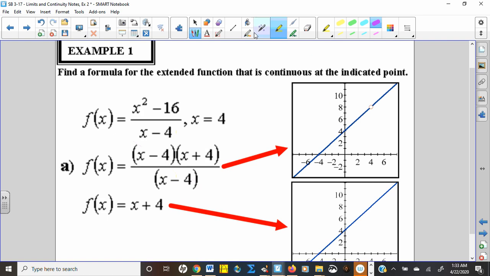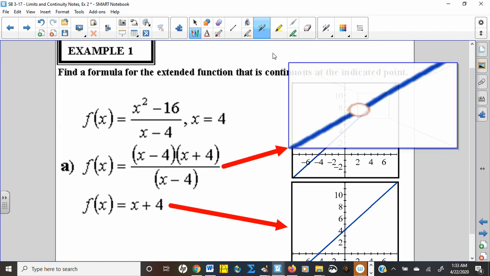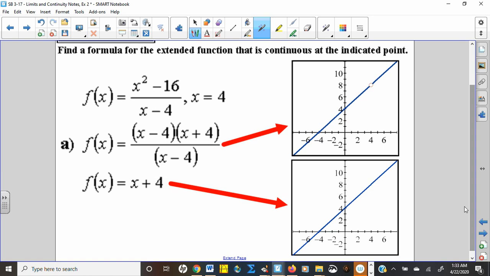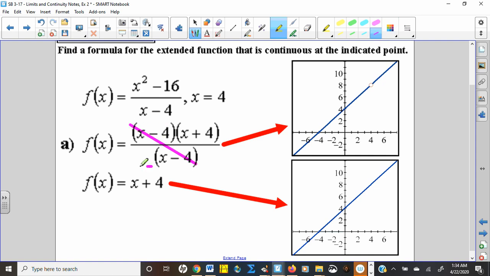You can see it for yourself, of course, right here. What they're going to do in this particular example is say, okay, if that's what's causing the problem, then let's just make it go away permanently. And our new extended function, which is actually not extended, it's actually shortened, isn't it, is just f of x equals x plus 4.